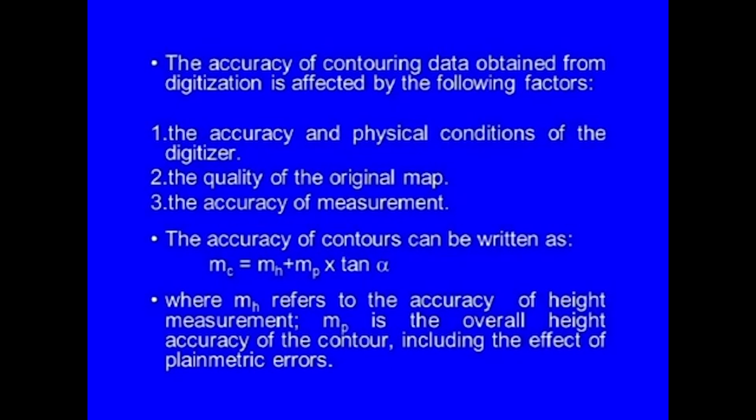The accuracy of contours can be written as MC = MH + MP × tan α, where MH refers to the height accuracy of the height measurements, and MP is the overall height accuracy of the contour, including the effect of planimetric errors.